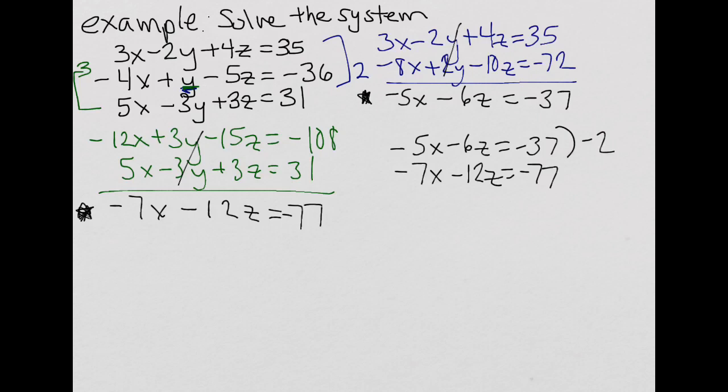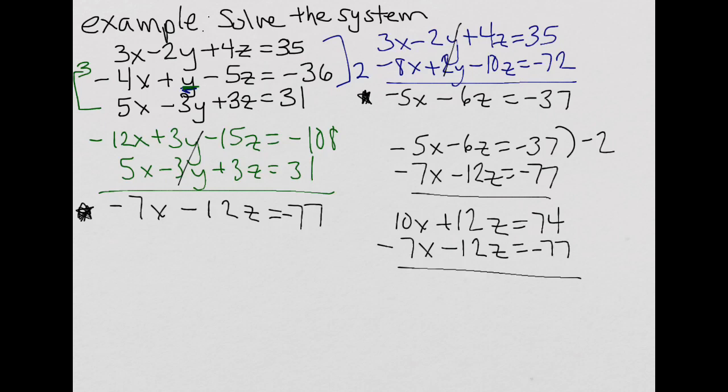So the second one will remain the same, and then our top one will become 10x plus 12z is equal to positive 74. So when we add those together, we get 3x, z's cancel, equals negative 3. So x is going to equal negative 1.